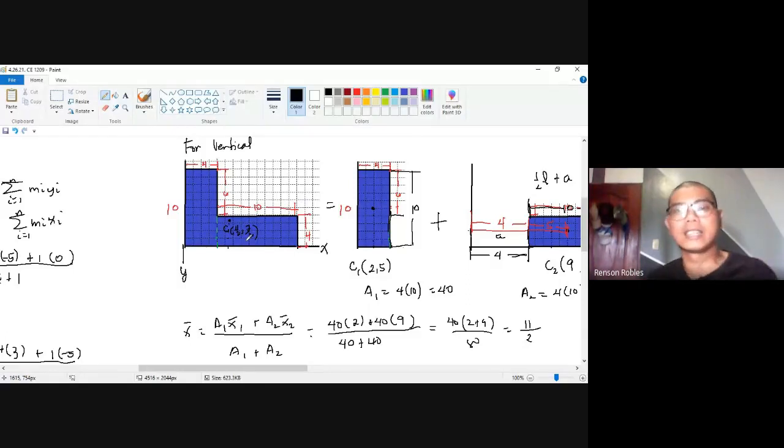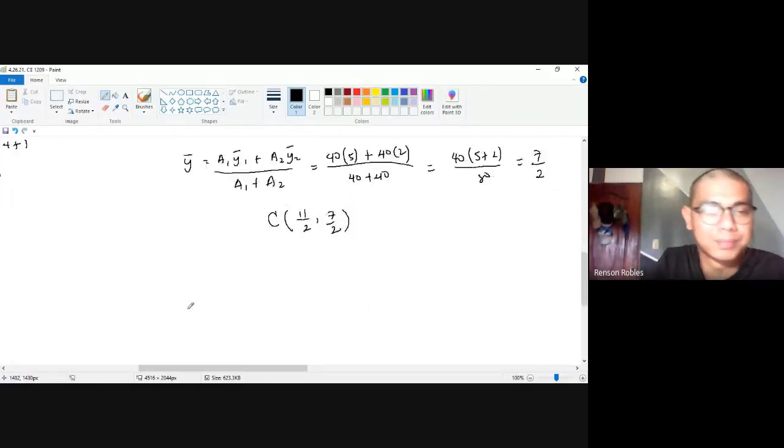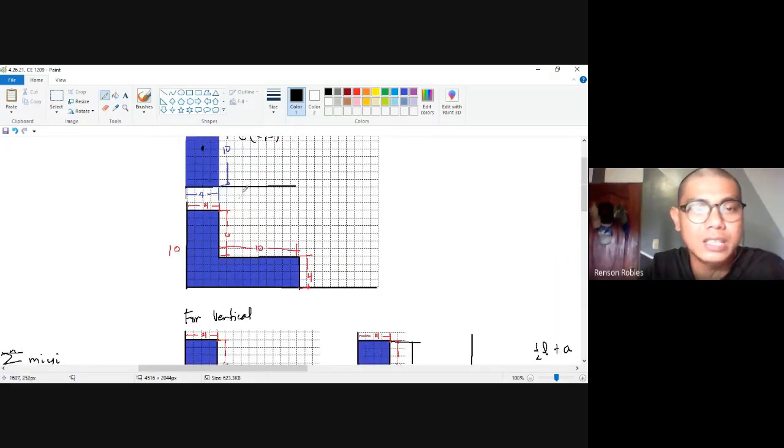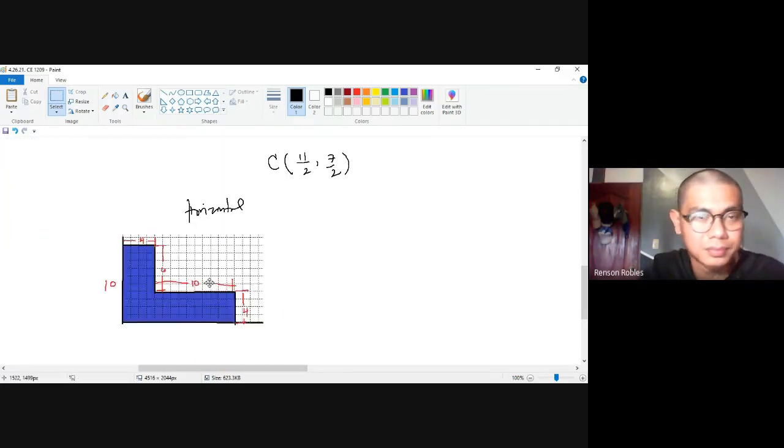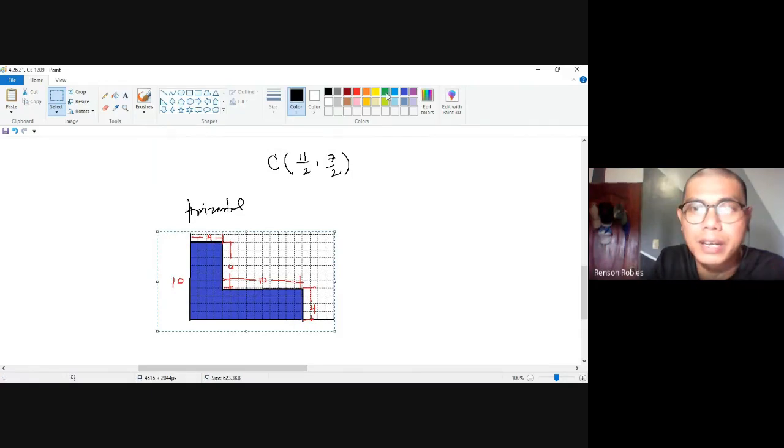Then, solve ulit natin using horizontal naman. So, hahatiin natin siya ng pahiga. Okay, so ang hati na natin pag ganito na. So, alin na yung kawang?